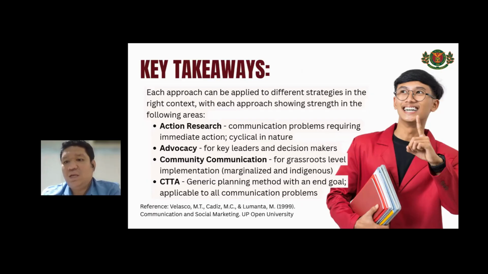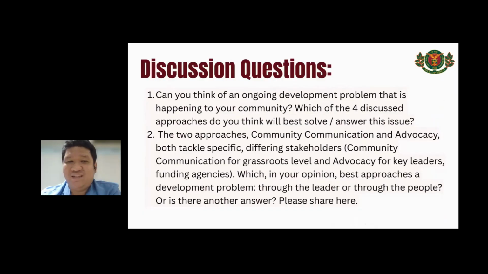And then advocacy is for key leaders and decision makers. And then community communication is for grassroots level implementation. So for marginalized communities, indigenous peoples. And then CTTA is for generic planning method with an end goal. So this is probably the communication approach that is best suited for all or can be applied to all development concerns. So basically, that's it for my presentation.